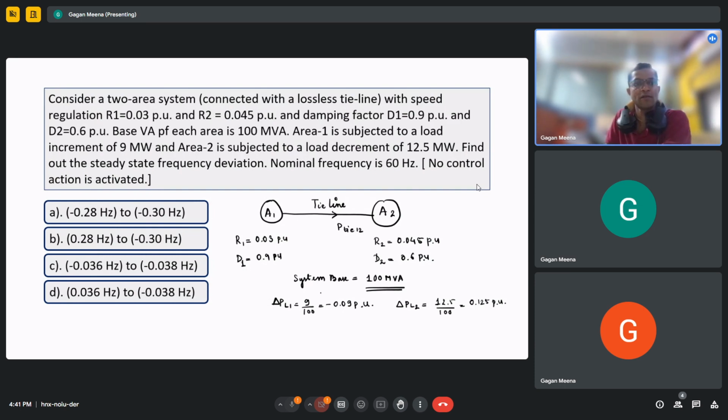Such an area is subjected to load increment or decrement. Is this increment or decrement? Yes, I need to check.